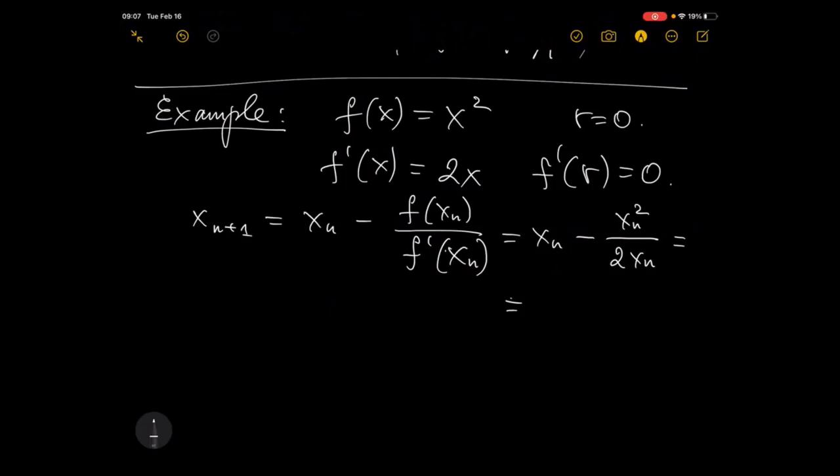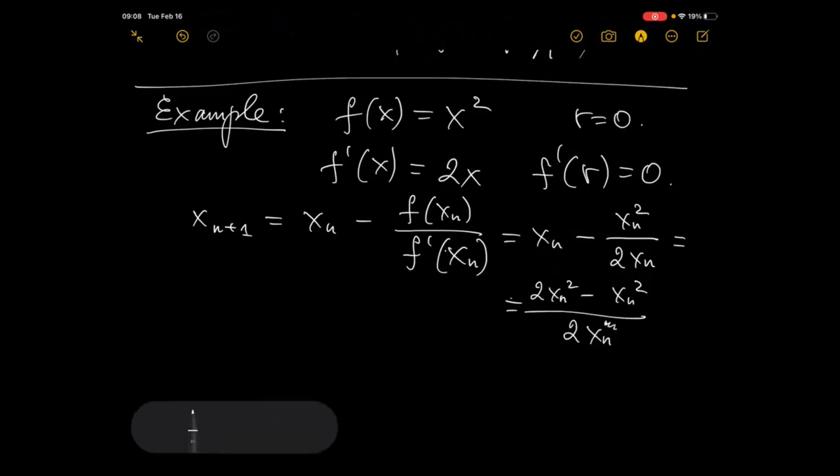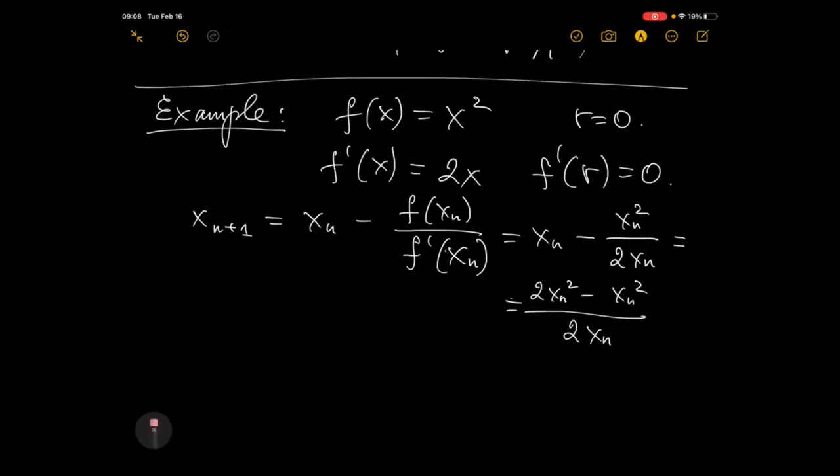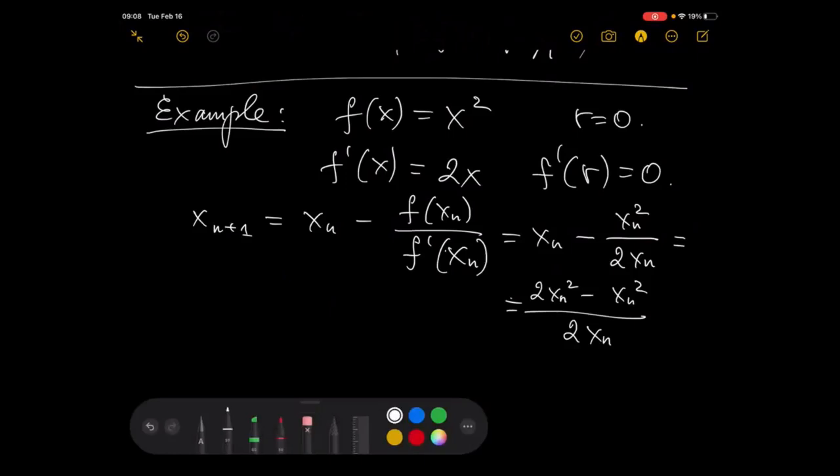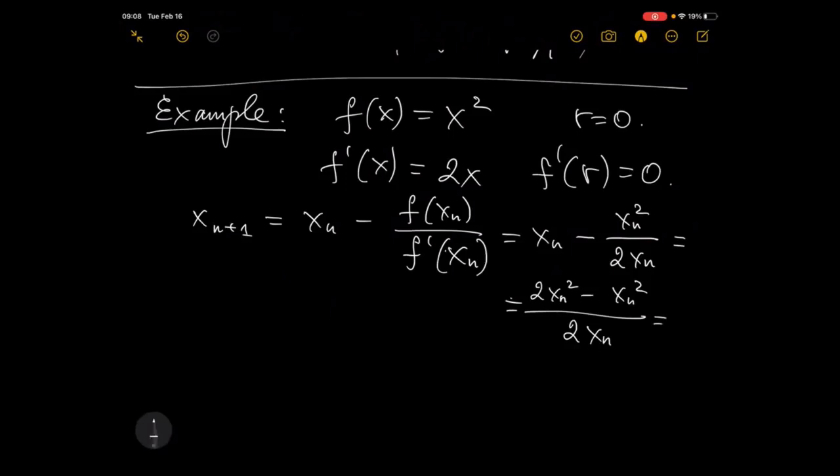You can write it as (2xn squared minus xn squared) divided by 2xn. And this will give you nothing else but 1/2 xn.